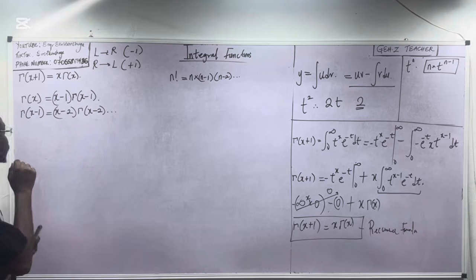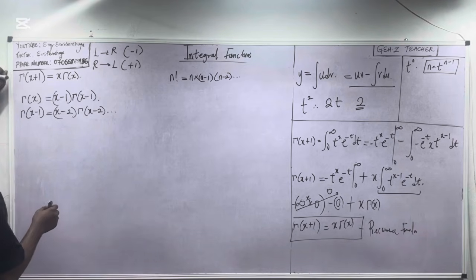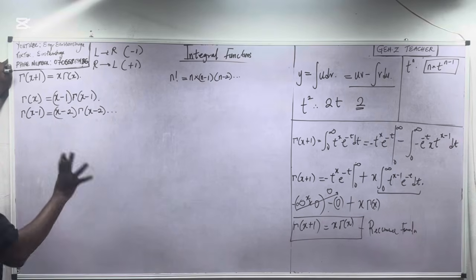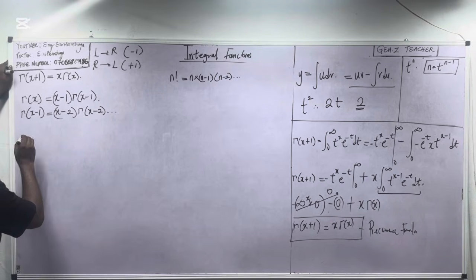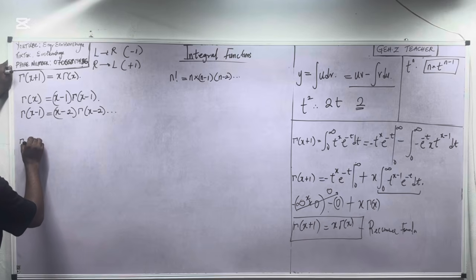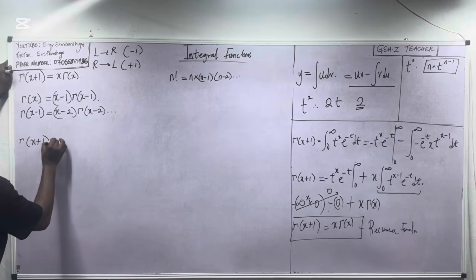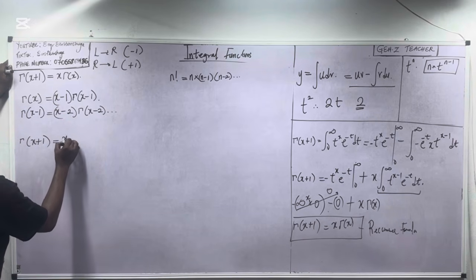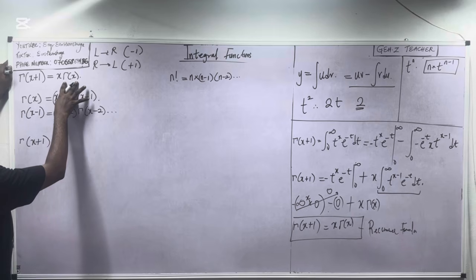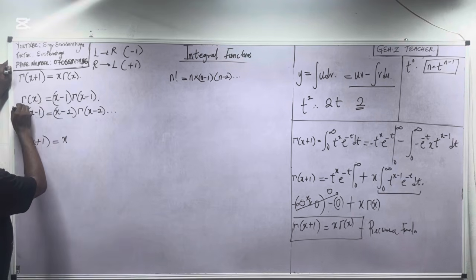Now let's see what we mean. Now recall, if we want to put all these guys together now, for example, okay, so we can say that gamma of x plus 1, which is normally equals to x times the gamma of x. Now what's the gamma of x? It is over here.